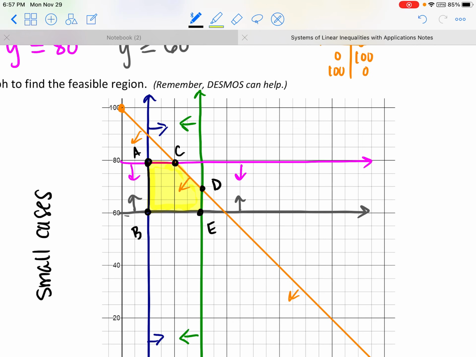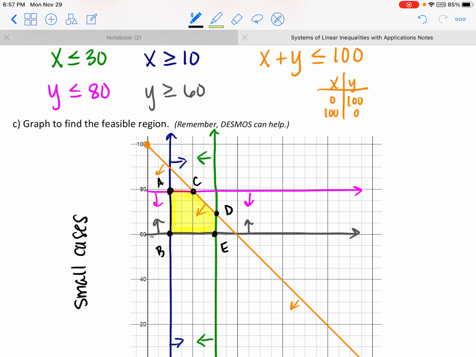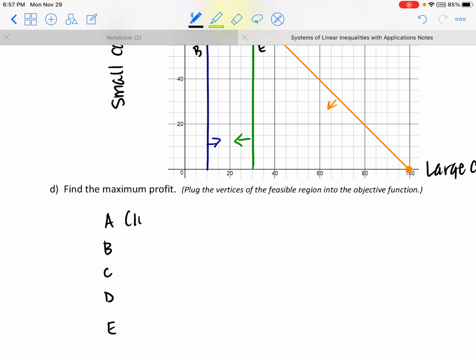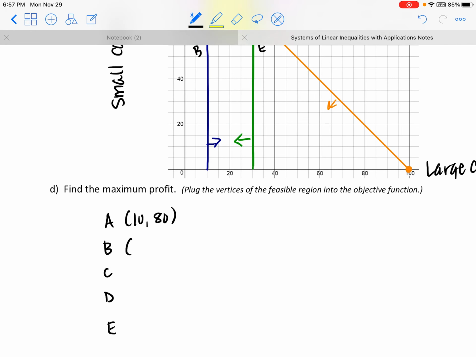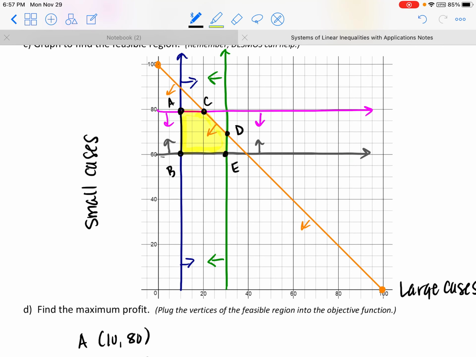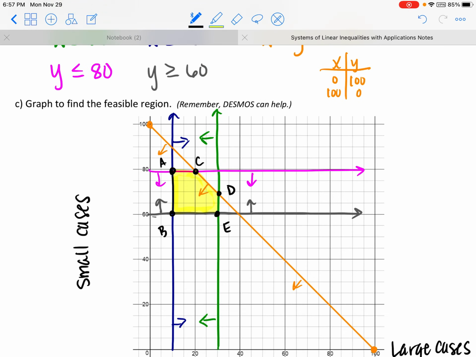Like A, I can see, is at an x value of 10 and a y value of 80. So A is going to be at 10 and 80. And B, I can see has an x value of 10 and a y value of 60. So 10 and 60. And then C, it's not as clear.